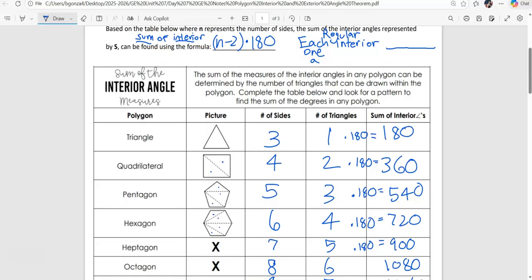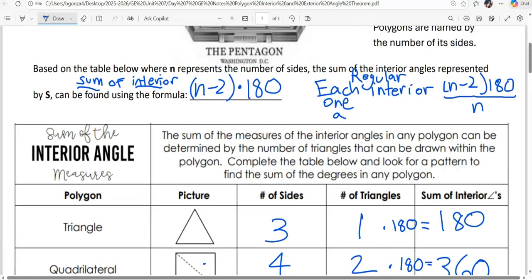Try to fit it in here, okay? It's n minus 2 times 180 on the top, but you have to divide by n on the bottom. Okay, let me zoom in a little. Hopefully that's visible. N minus 2 times 180 divided by n. This ugly fraction is how you find one interior angle of a regular polygon, okay?